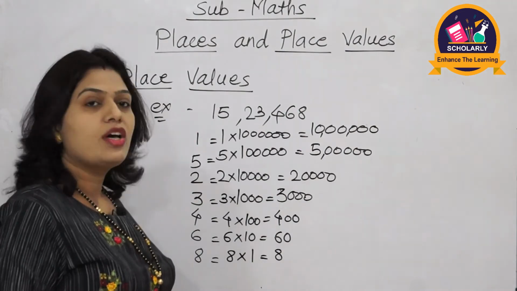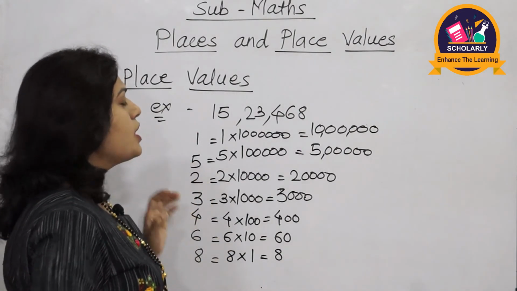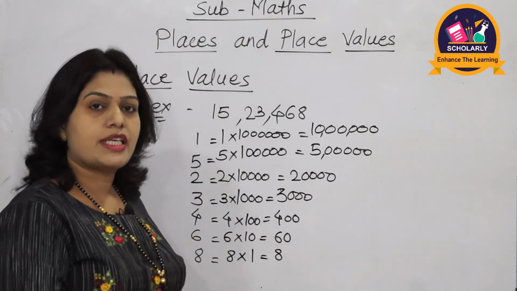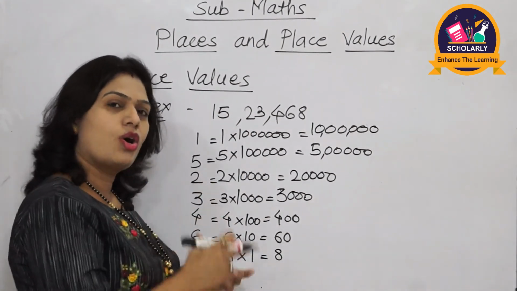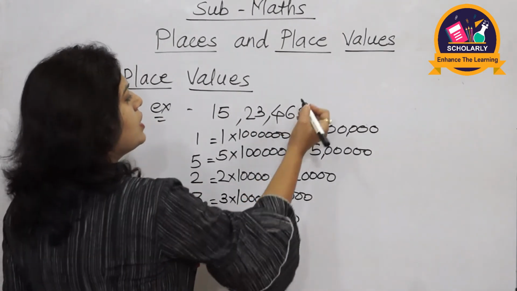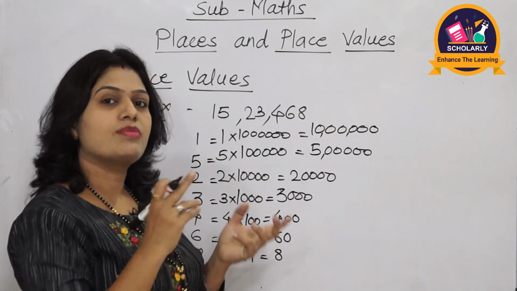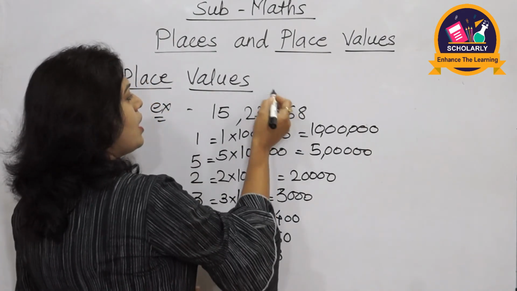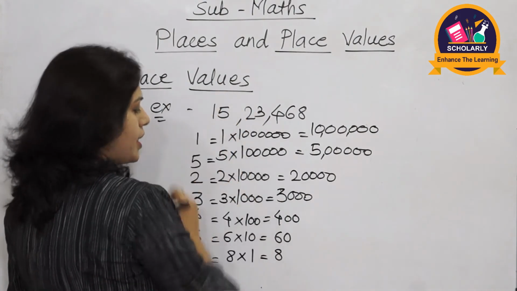So in this way, we calculate the value of each digit in this given number. Just one thing is important, that we should know the exact places of each digit. And the order is always the same, that is the last digit has unit place. After unit comes 10, after 10 comes 100, then after 100 comes 1000, 10,000, 1 lakh and 10 lakh.